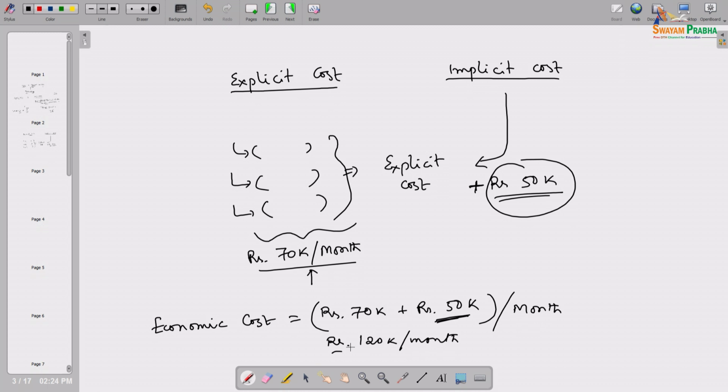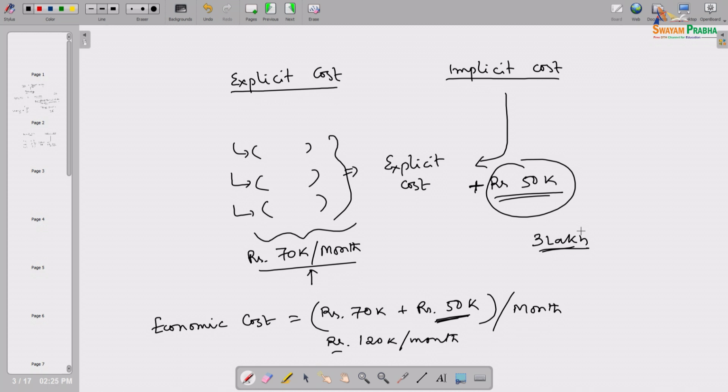Suppose you are going to start a business. You need some monetary capital. Suppose you need 3 lakh rupees of monetary capital to start that business. What can you do?